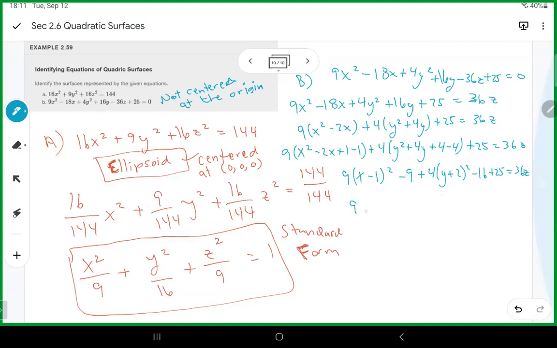And then we'll have our 9 times x minus 1 squared plus 4 times y plus 2 squared. And then our minus 9, minus 16, and 25 all cancel. So we're equal to 36z. And then we're going to divide everything by 36.